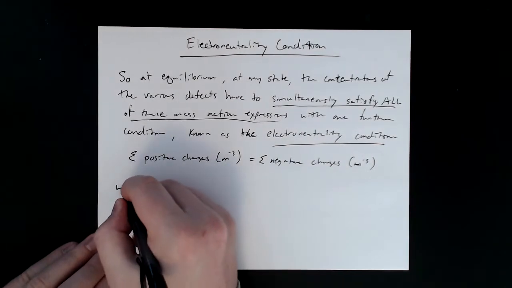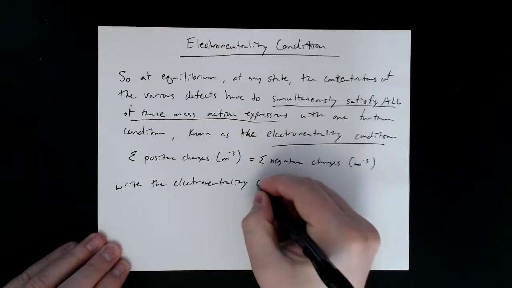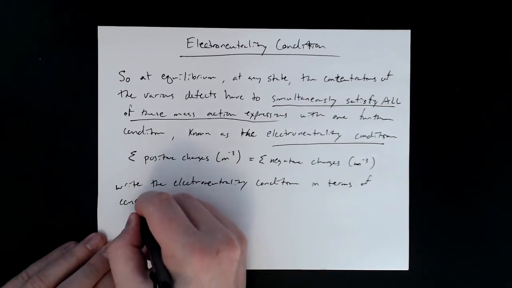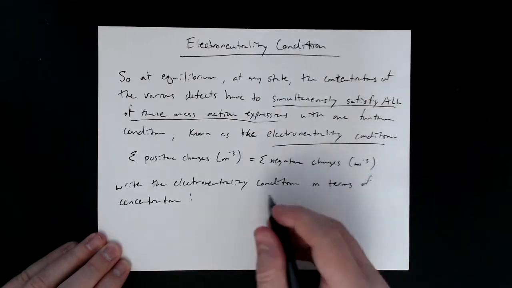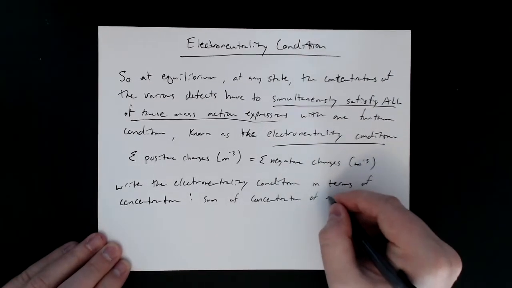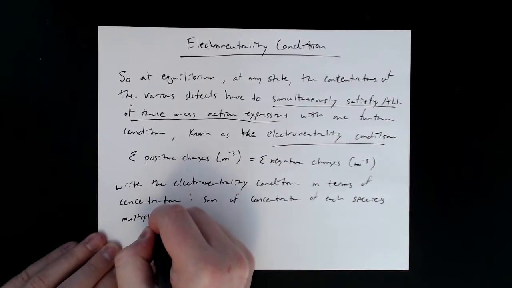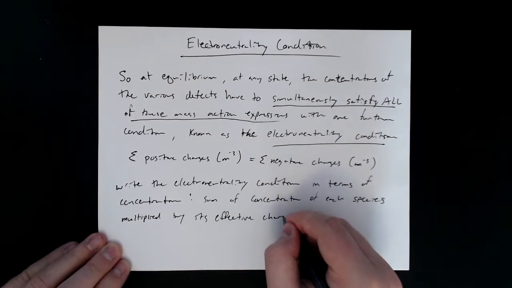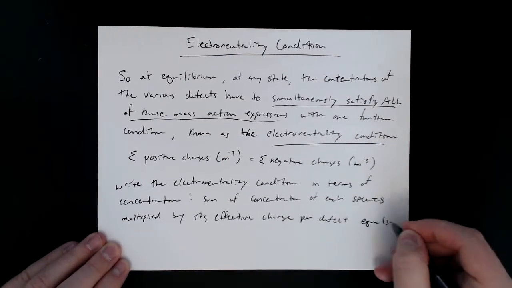So if we want to write that electroneutrality condition in terms of concentration, then instead of the sum of the charges per volume, what we get is the sum of concentration of each species multiplied by its effective charge per defect. And that equals the same for the opposite charge.